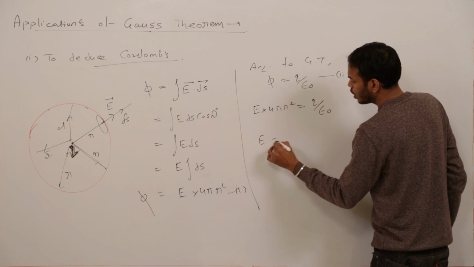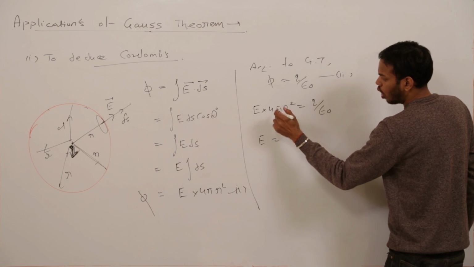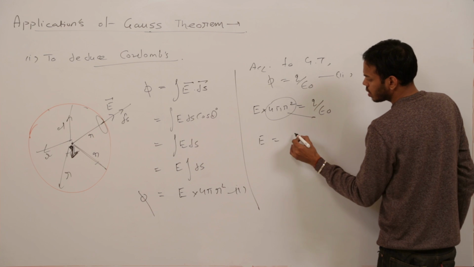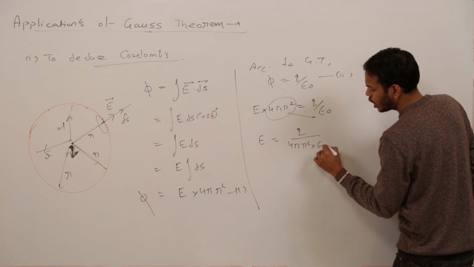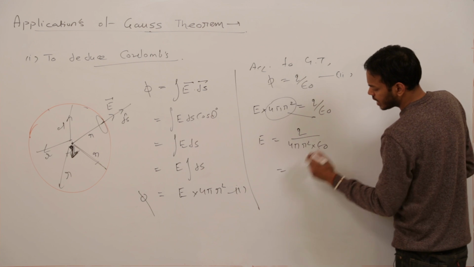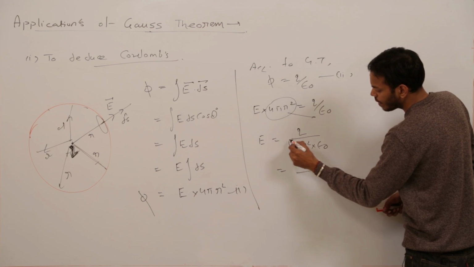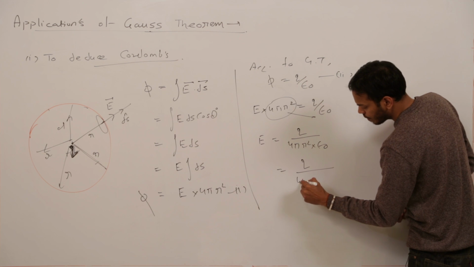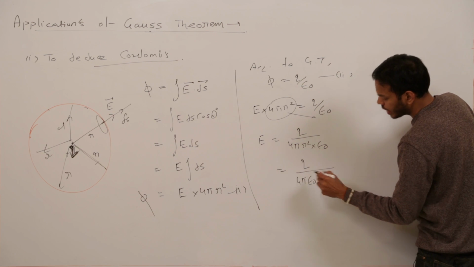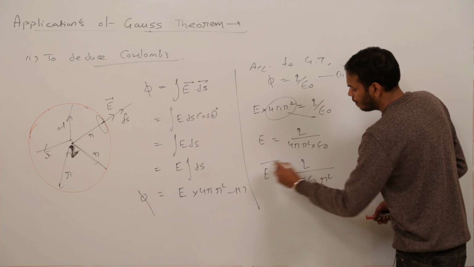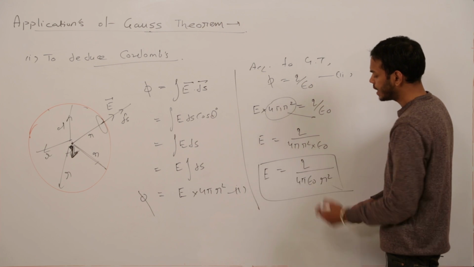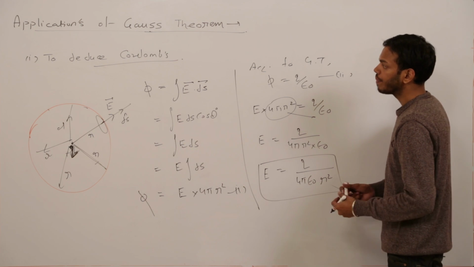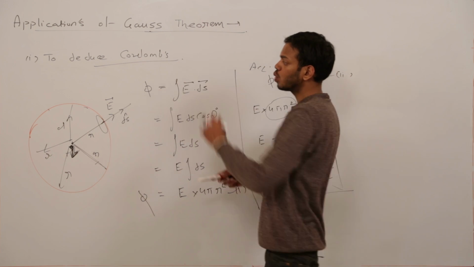That means E is equal to q upon 4 pi r square epsilon naught, or I can rearrange these terms as q upon 4 pi epsilon naught r square. So basically now we have got the same formula of electric field which we already knew. E is equal to q upon 4 pi epsilon naught r square.